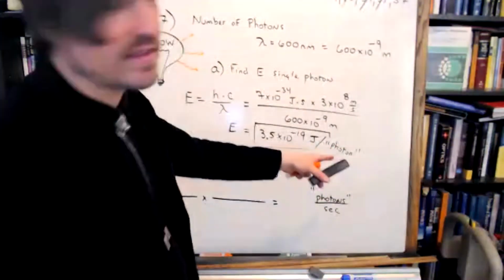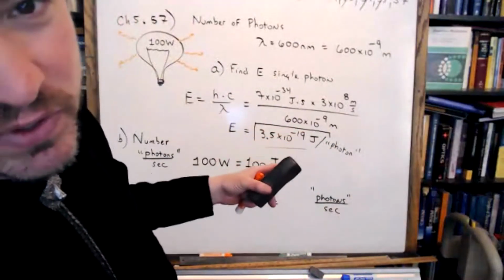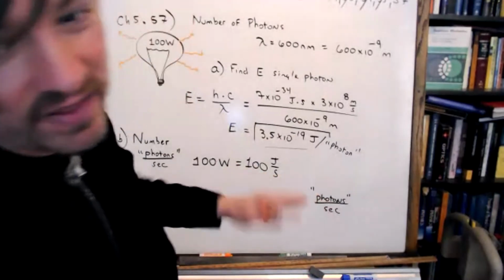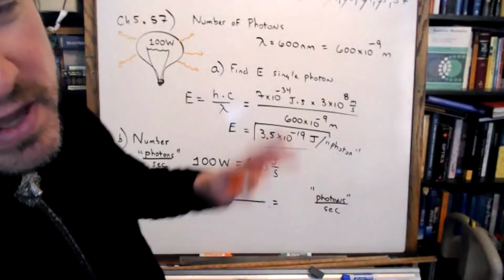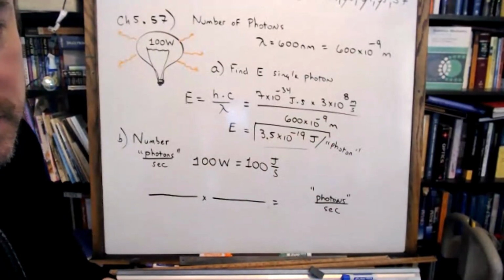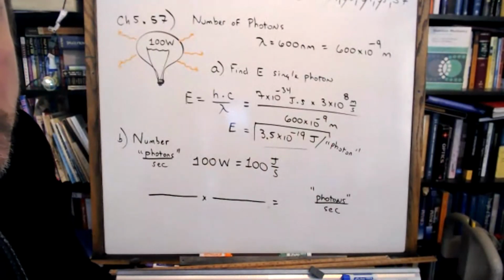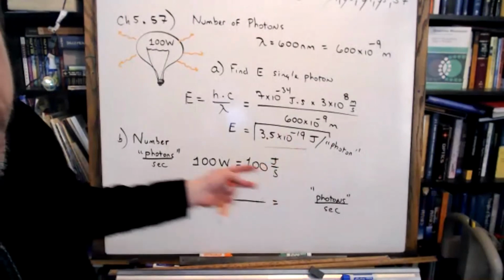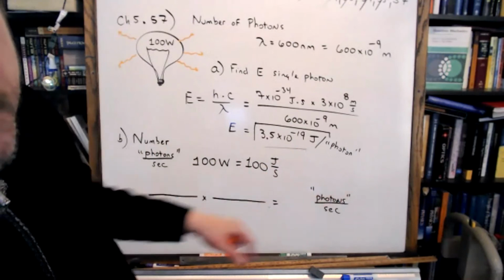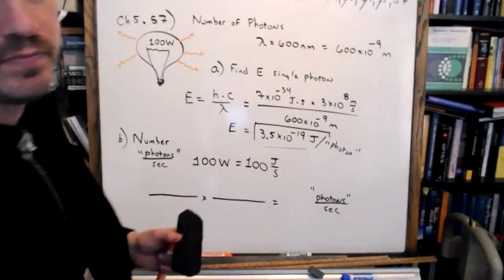One reason it's okay to slap that in there is photon is a conceptual unit. It's not a real unit. So photons per second are actually kind of the same as 1 over seconds. But don't confuse it with the frequency of light. It's not the same thing. Okay. Cool. So you've got joules per second and joules per photon. Let's not worry about numbers. Let's just jiggle around some units until you end up with photons per second.